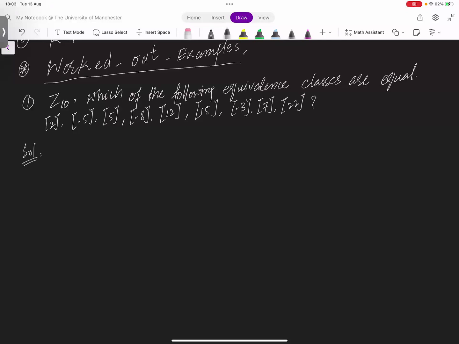Solution. Now we know that to show that the following are the equivalence classes equal, what we need to do is a simple exercise. So we note that 2 can be written as 2 plus 10, and that will be 12.